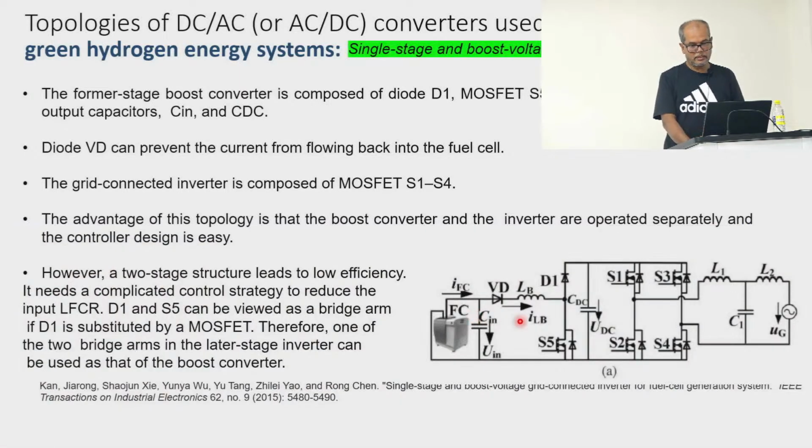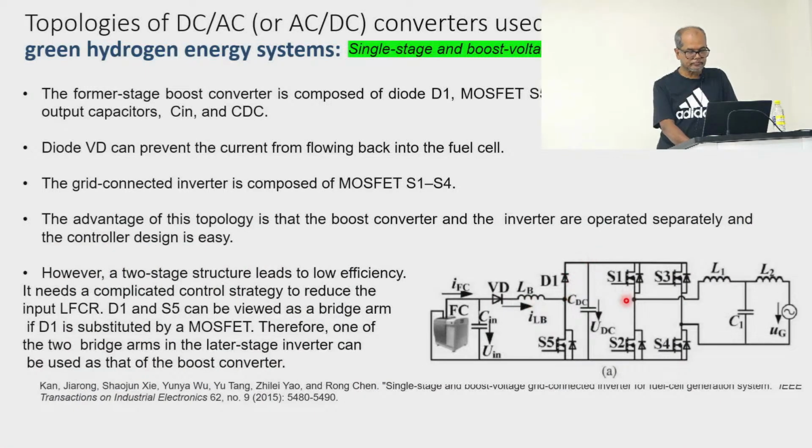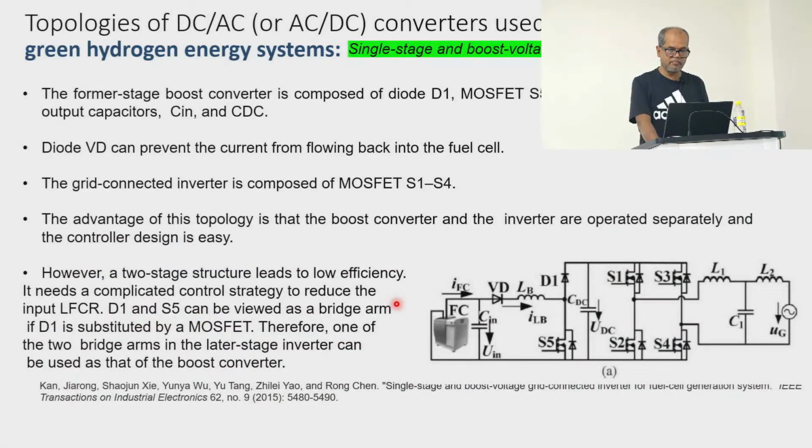Now here, if you see this branch, what will happen is that this D1 and S5 can be substituted by just another MOSFET.